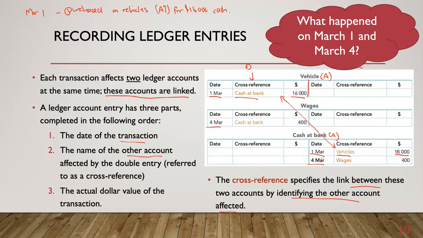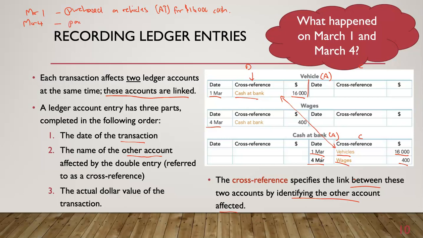What happened on the 4th of March? On the 4th of March, my bank account again went down because credits of assets go down when I write a credit. They went down by $400 and my cross-reference is wages. So how could my bank account have gone down by $400 that's impacted by wages?